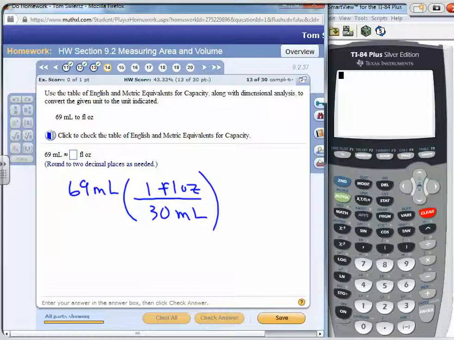For every fluid ounce, there's 30 milliliters. Notice the 30 is in the denominator, so this time we're going to divide, because the number that's not 1 is in the denominator, 69 divided by 30, and the milliliters will cancel, and that will give us our answer in fluid ounces.